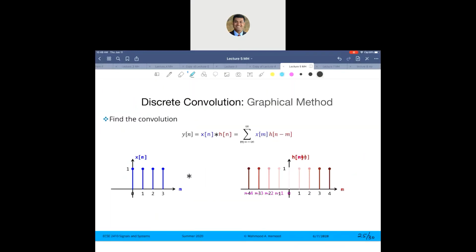I want to talk about the graphical approach next, but in order to do this, I have made a PowerPoint animation. So it doesn't appear very well on the slide. So I will try to show that in PowerPoint here. Let me change.